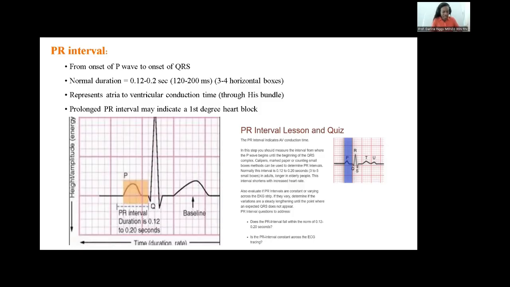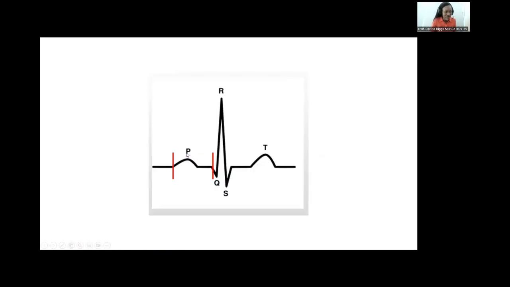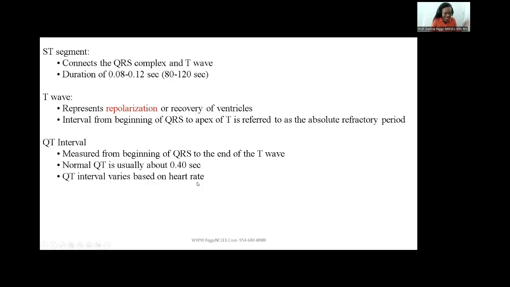So when you're reading an EKG to figure out if it's normal, you're doing the math, you're counting. Again, from the beginning of the P to the beginning of the Q, even though it says P to R. So again, don't argue, just accept it, pass your test question. You don't care that much.